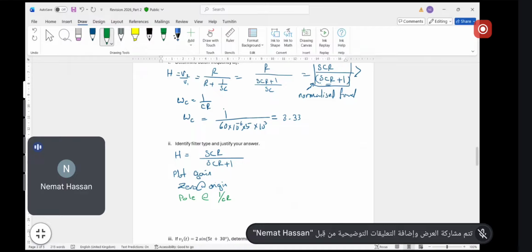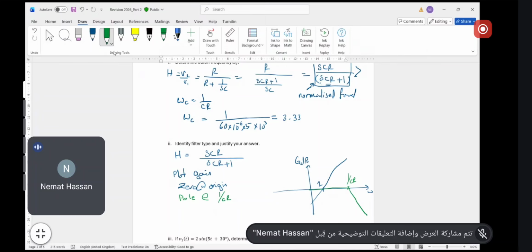Which means that if I'm to plot omega versus gain in decibels, a 0 at origin means a line crossing the axis at 1. A pole means a line that has a stable 0 decibel gain and then starts to drop at the cutoff frequency.